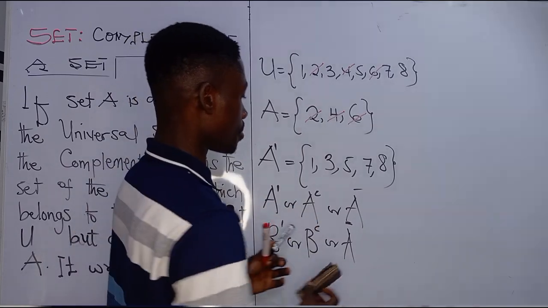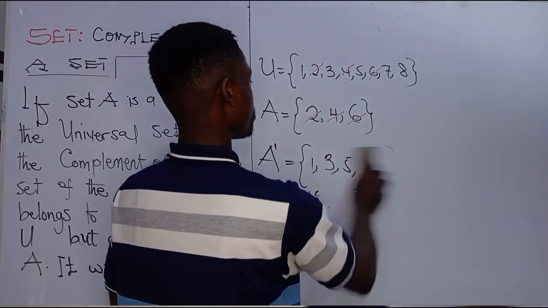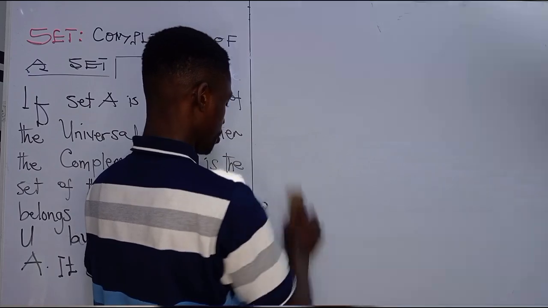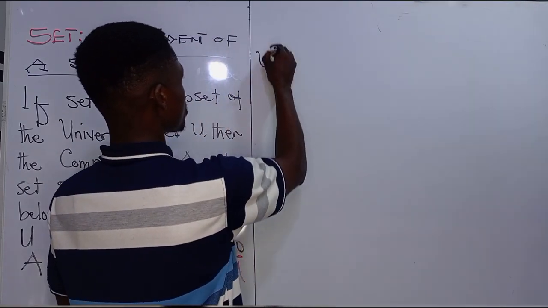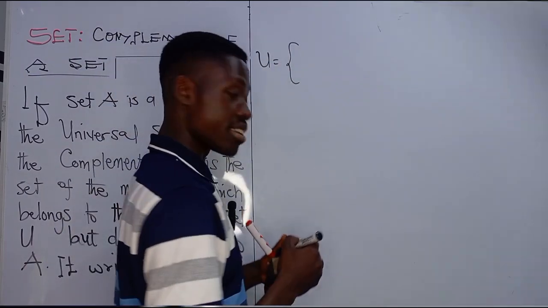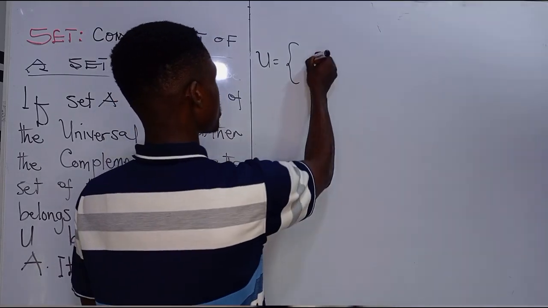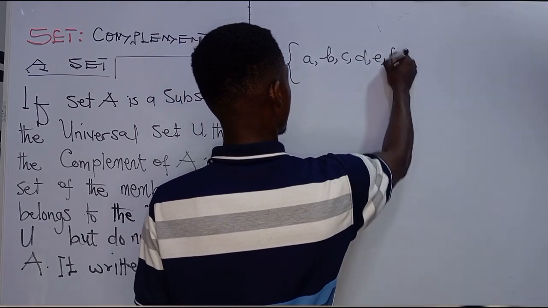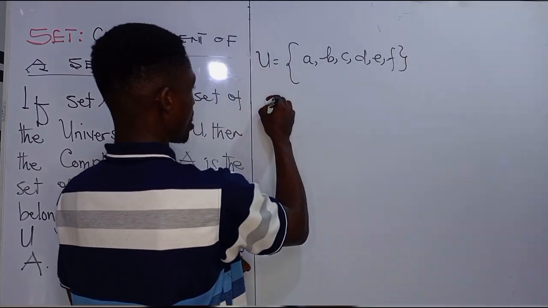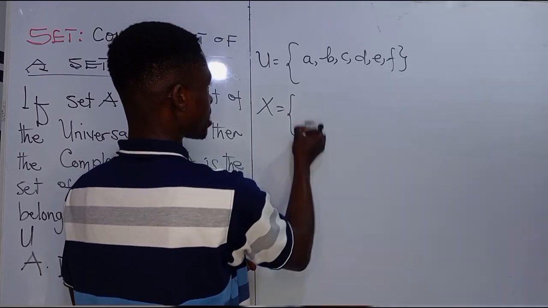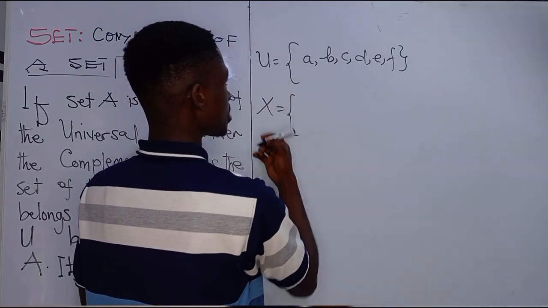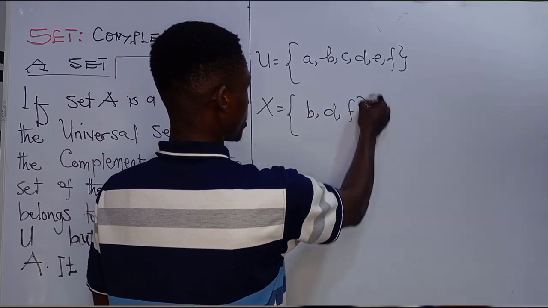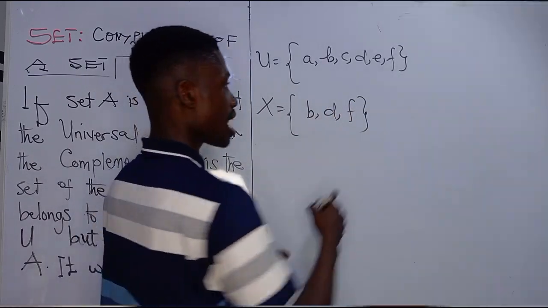Let's take another example. So if you have the universal set and it contains the elements A, B, C, D, E, and then F, and then we have a subset of the universal set, let's say X, and it contains the elements B, D, and then F, and then we have to find what?